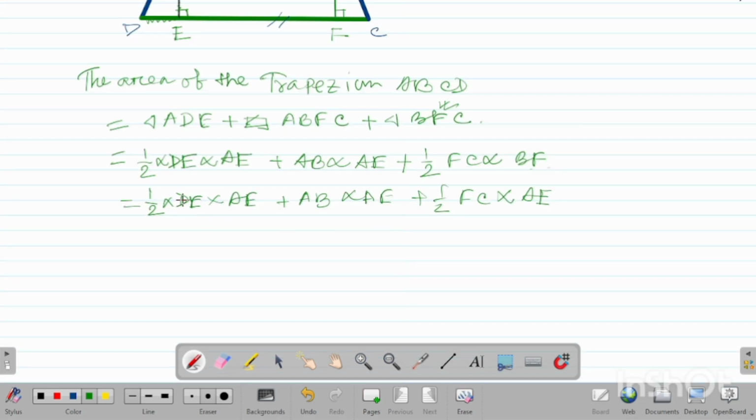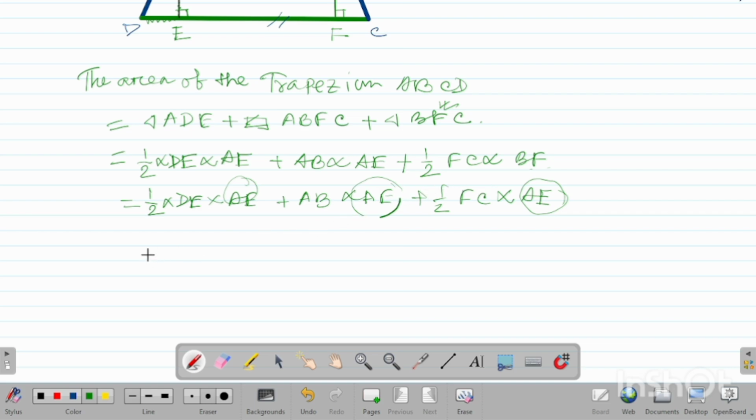Here you can see AE is common in each of the three terms. Here half is also common in these two terms.